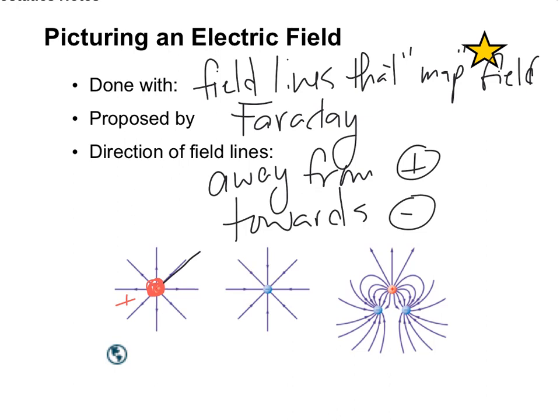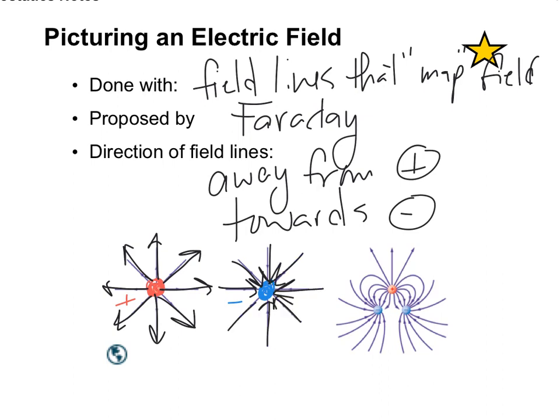We would draw the electric field lines pointing outward from it. And if I have a negative charge, negative charges have electric field lines that point inward. A positive charge is acting like a source of electric field lines. They emanate outward from a positive charge. Whereas a negative charge acts like a sink or a spot for field lines to land.